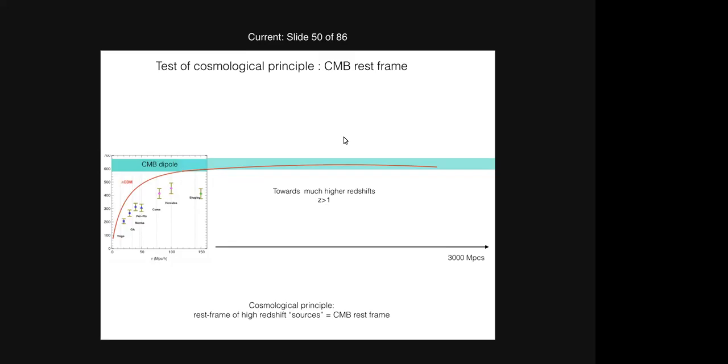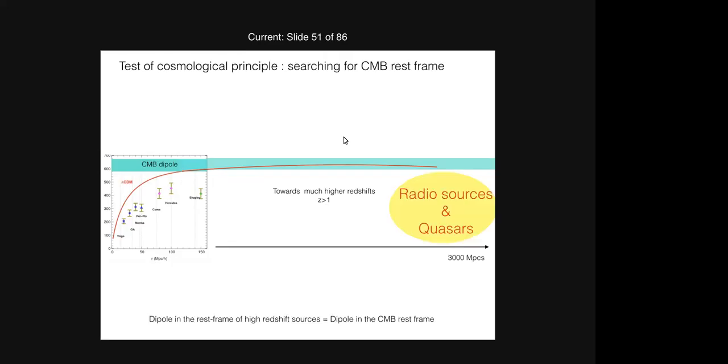Then I'm basically near the CMB, because that is what the cosmological principle is saying. It's saying that the rest frame of distant sources is the same as the rest frame of the CMB. So I should look at the distant sources. But what are the distant sources? When I look very far, I can't look at anything because in optical, I have nothing.